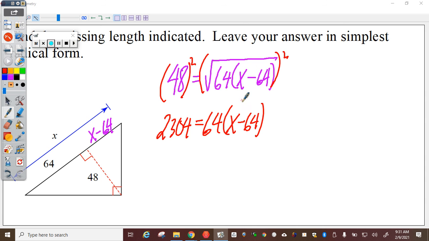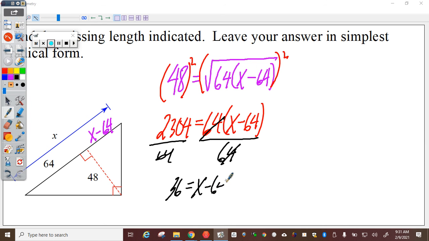Now you have two choices. You can distribute this 64. I personally don't like to distribute. If I can, I will just divide both sides by 64. So then I would get 36 equals, because these two cancel now, x minus 64.